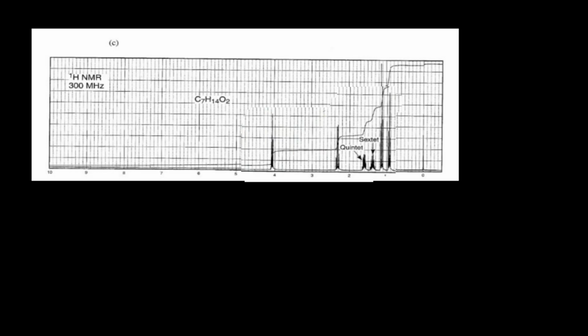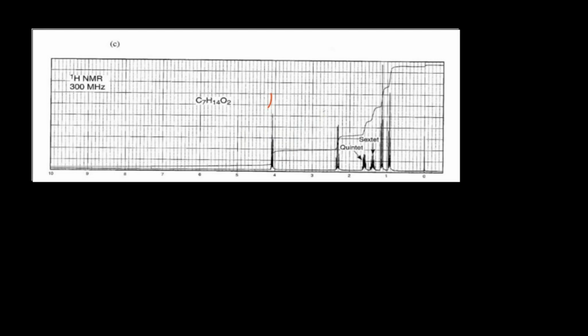The multiplicity of the other peaks is: this is again a triplet if you look closely, and that one is a quadrate, and after the quadrate you are having another triplet and then another triplet. So basically your molecule is having three triplets, one quadrate, one quintet and one sextet. So how can we get these things?